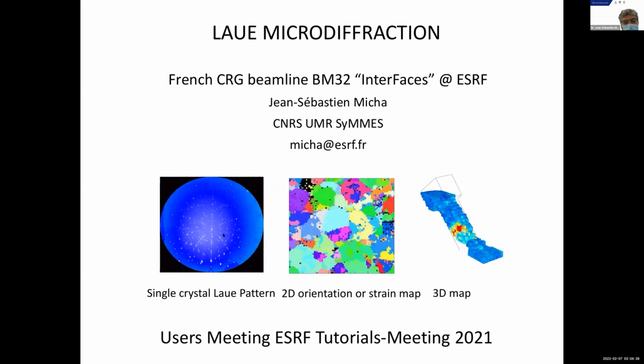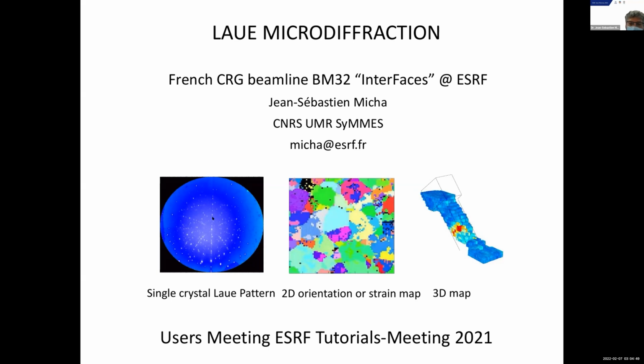These are the scattered photons that have interacted with the lattice planes and been reflected by them, and then we can measure these Laue spots, and the Laue spots form the Laue pattern.